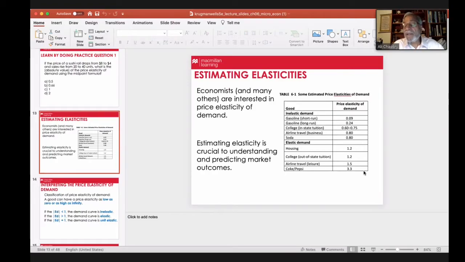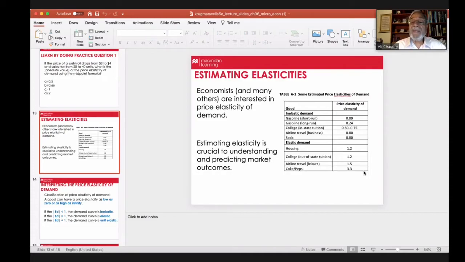It's almost 3 times more elastic, more responsive, because you can expect a bigger response, relatively speaking, to changes in price for soda than you would see in the demand for housing.